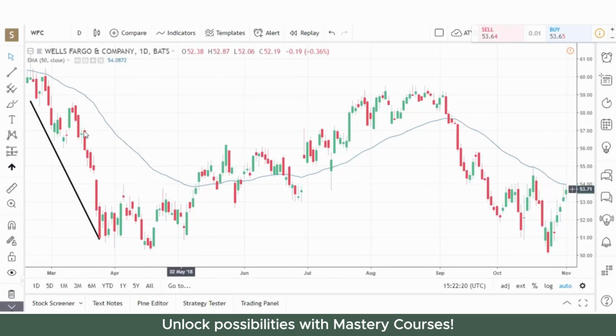When the stock moves above the EMA, as it does here, we would get long the stock.